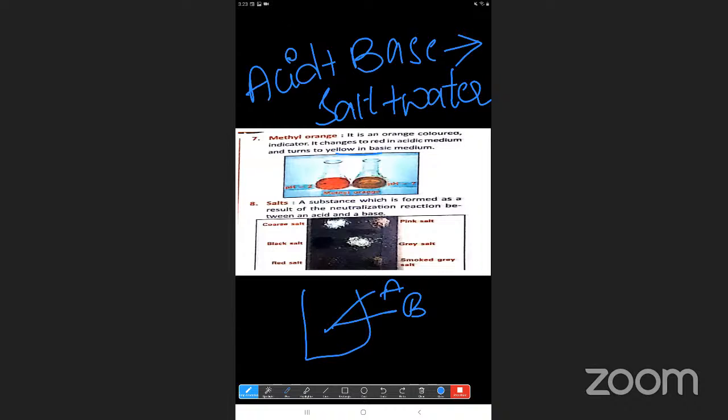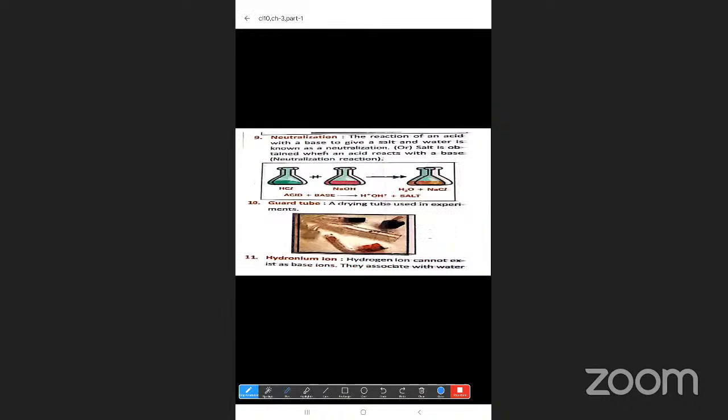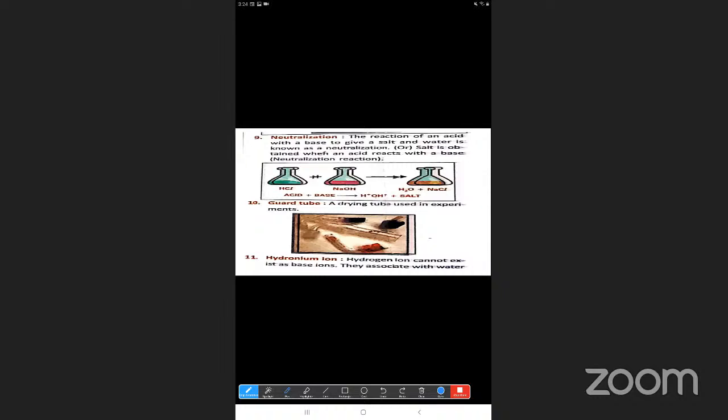So we can say that a substance which is formed as a result of the neutralization reaction between an acid and a base. Always when an acid reacts with base, it will form salt and water. Okay, right. So the next one, neutralization. The reaction of an acid with a base to give a salt and water is known as neutralization. Just now I explained that, right?